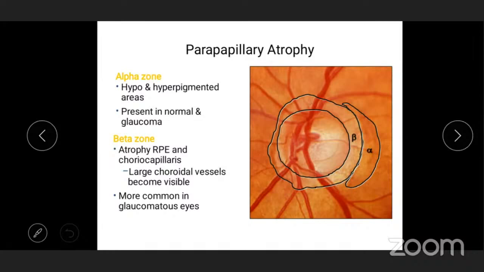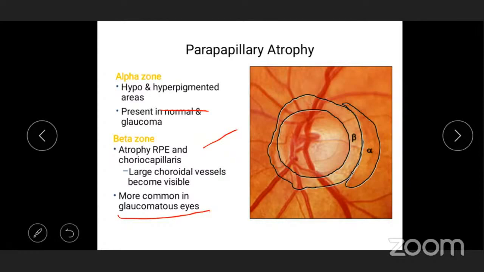Because beta zone reflects the atrophy of the deeper layers of the retina, which are in the vicinity of the choroid. That is what the beta zone is. And why it is important, beta zone more than alpha zone, is because it is more common in glaucomatous eyes. The alpha can be seen also in normal eyes. So that is why we pay more attention to the beta zone.